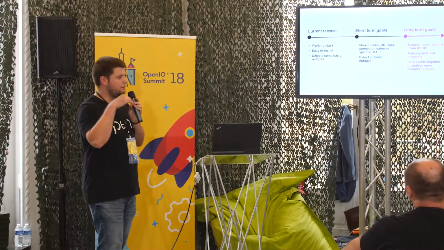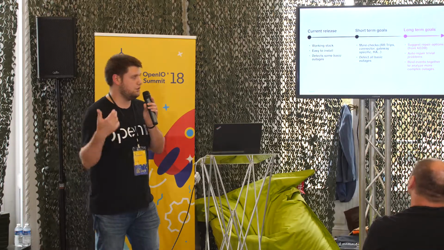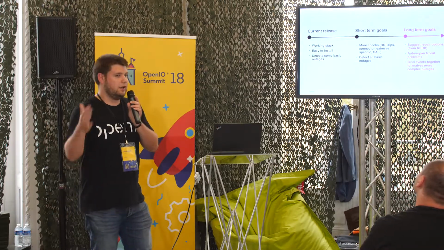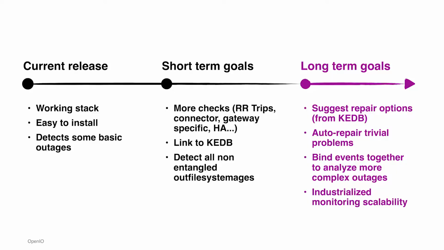So now our short-term goals. We would like to have more checks. We're not yet testing every single component, unfortunately. We would like to make some round-robin trips in order to see if everything behaves well. We can create an object, we can delete it, we can create containers, stuff like that. With this, we would become more accurate in terms of monitoring.